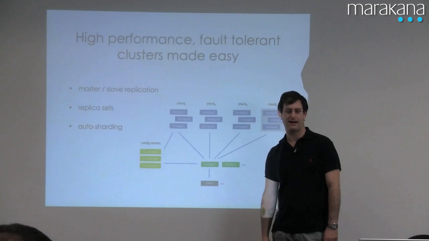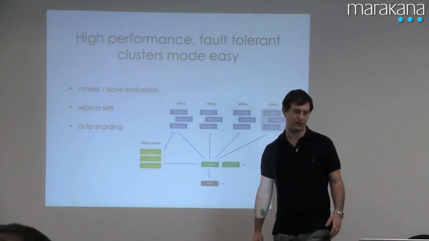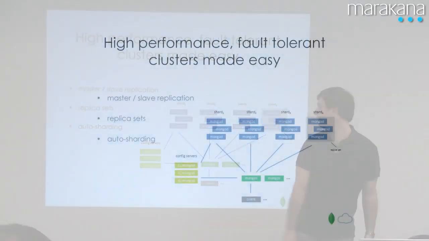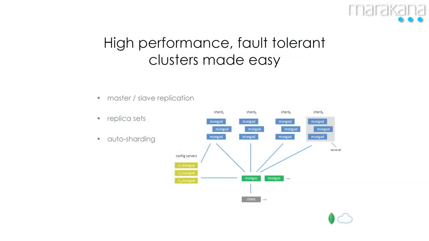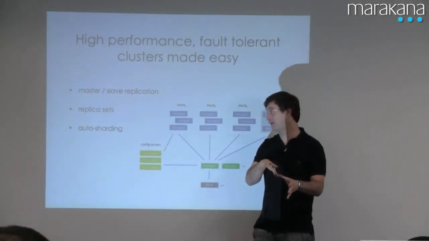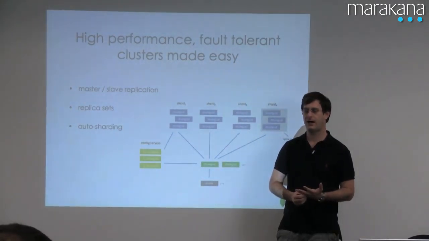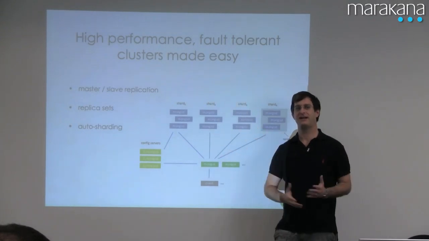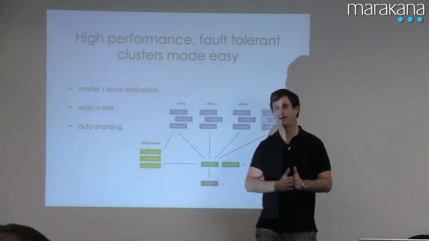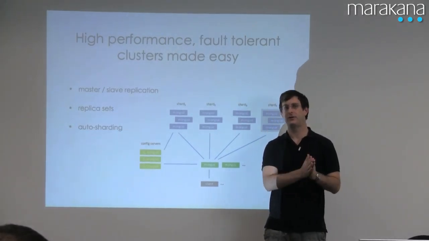The two things that they have that allow for the really easy creation of clusters are the idea of replication. So they have built into the architecture the idea of master-slave replication, also the idea of replica sets, where you have 5 databases that are all meant to be replicas of each other and keeping them in sync. They also have the concept of auto-sharding, whereby you can specify, hey, I've got this huge data set, and I want it to be split across a number of nodes, and I would like to partition the data set.